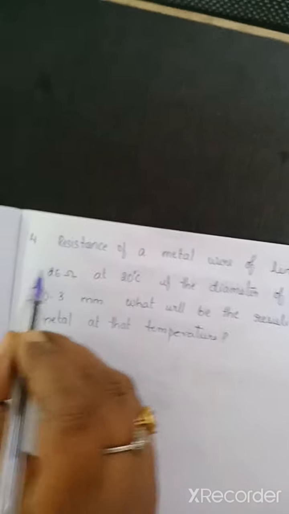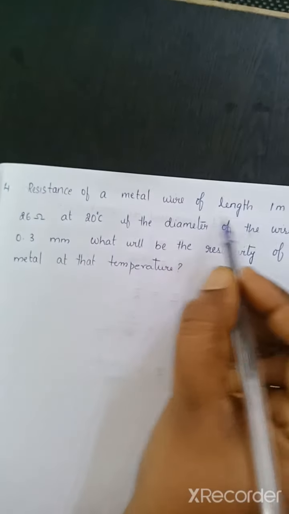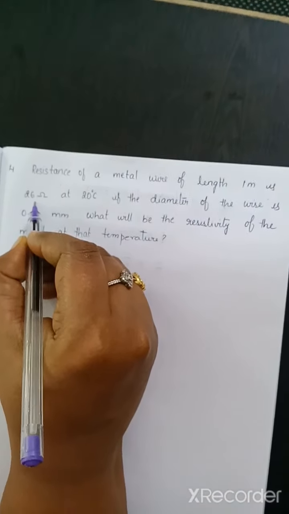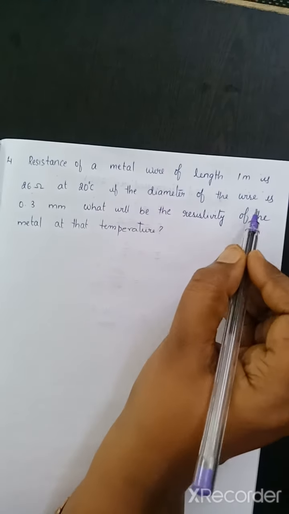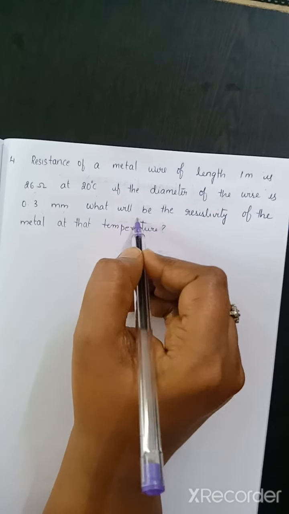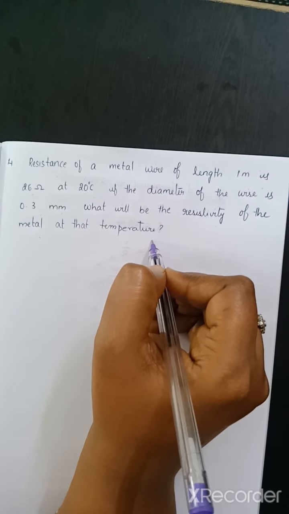Now here is the last question. The resistance of a metal wire of length 1 meter is 26 ohm at 20 degrees Celsius. If the diameter of the wire is 0.3 millimeter, what will be the resistivity of the metal at room temperature?